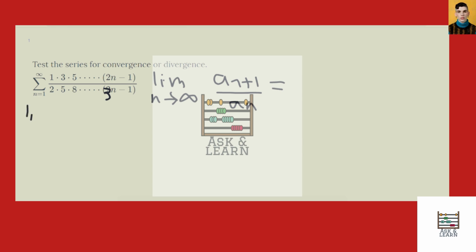Okay, so this is the limit as n goes to infinity of 1 times 3 times 5 times ... times 2n minus 1. And then we're looking at n plus 1 here, so we go one step further.